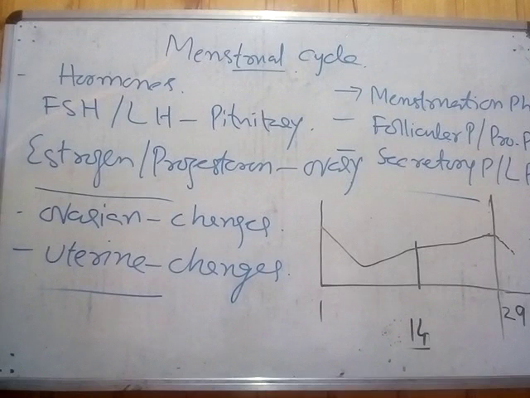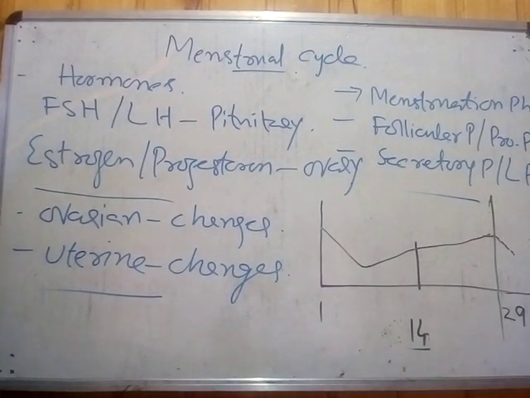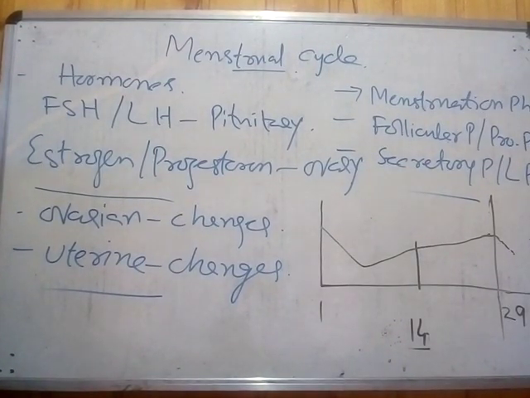Today we will discuss one more topic in human reproduction, that is the menstrual cycle. And I have told you in previous classes that the reproductive activity of males and females varies.